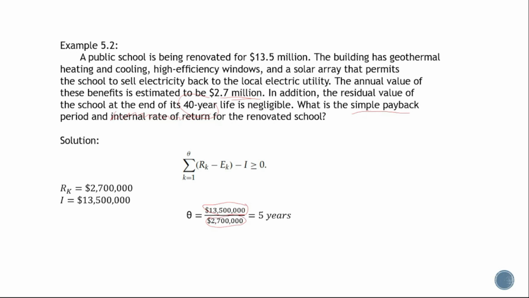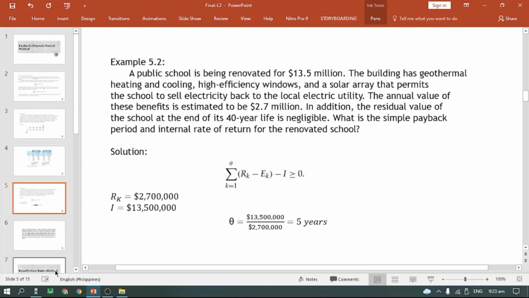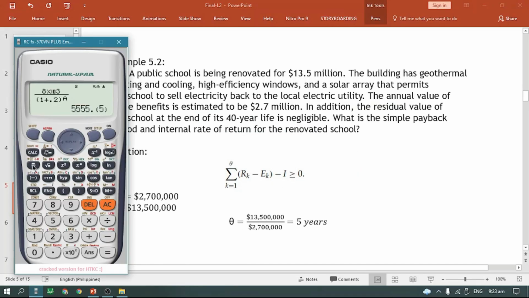So, we just divide the initial cost by it. At the end of 5 years, we can recover the capital investment. So, 13.5 divided by 2.7 is exactly 5 years.